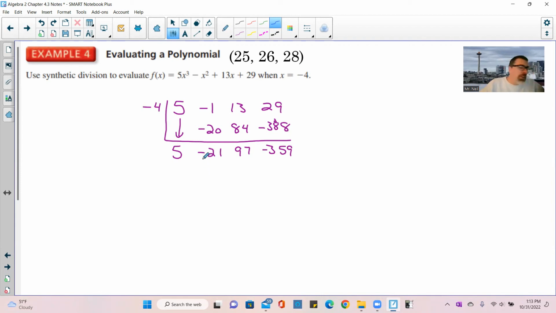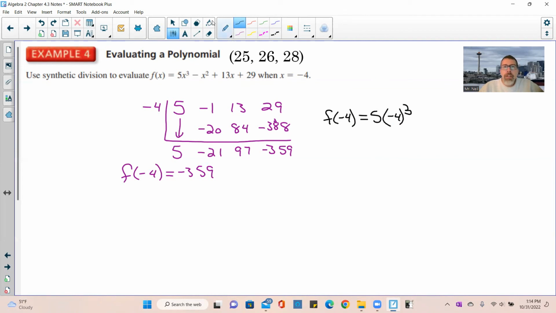So by the remainder theorem, we can then state that f of -4 must equal negative 359. And we'll check it. So here's f of x. I'm going to write it over here. f of negative 4 equals 5 times negative 4 cubed.